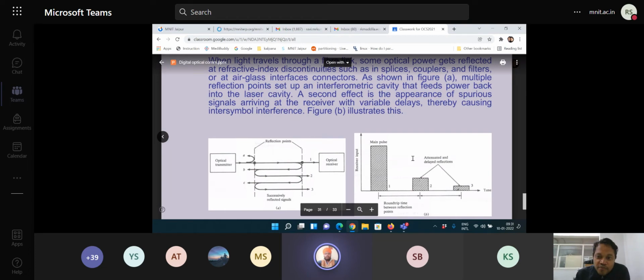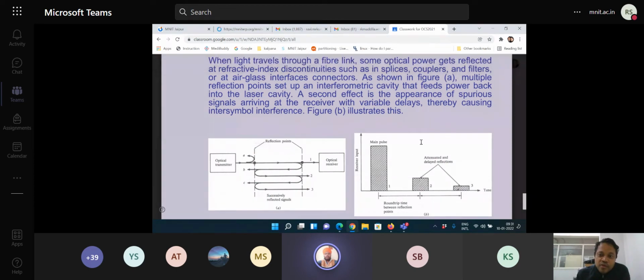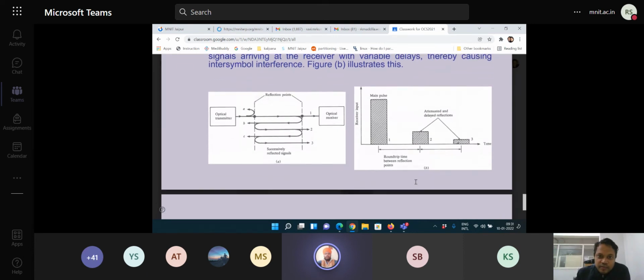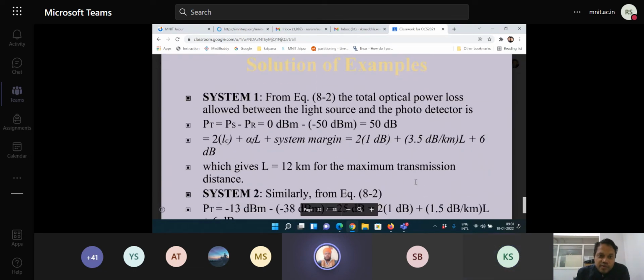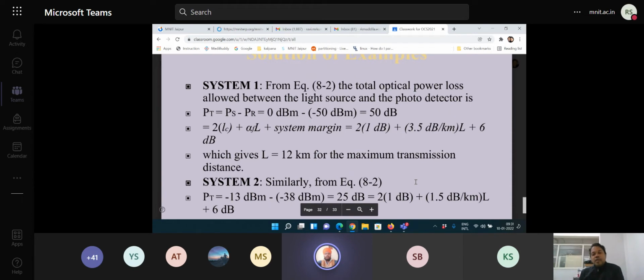So when you have multiple pulses here and here and here, then these would be noise for the other main pulses which are transmitted after this. This is about what we have for the digital optical transmission.